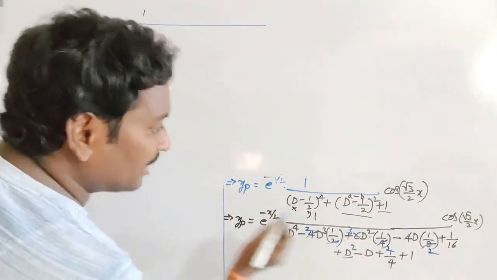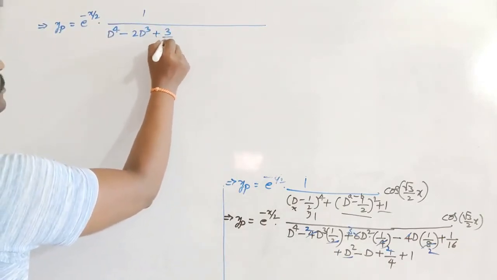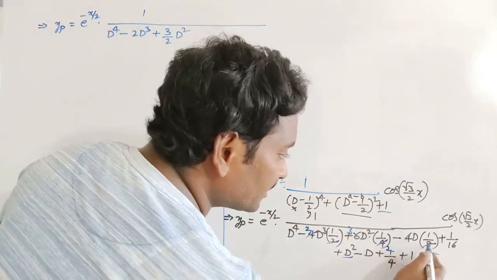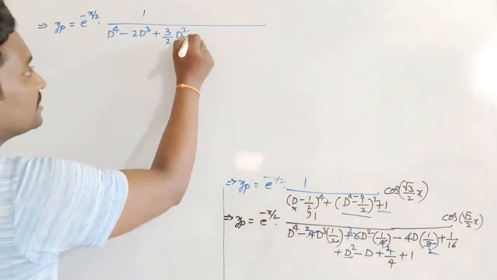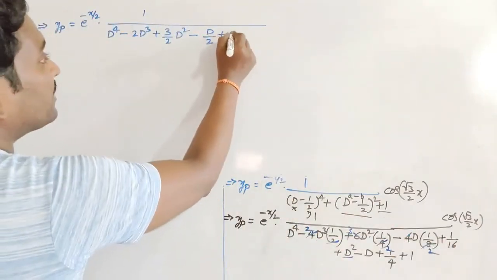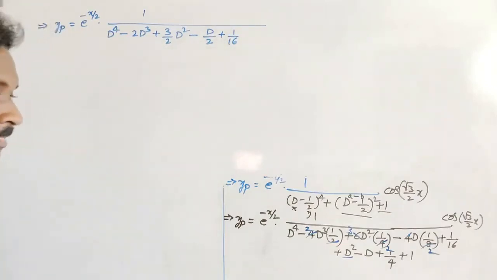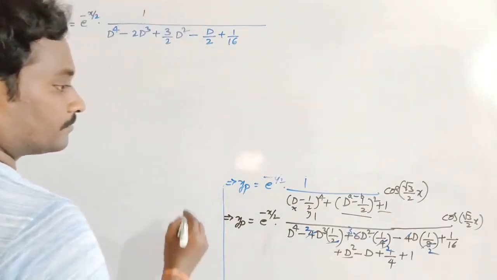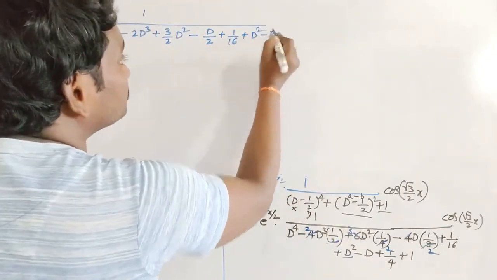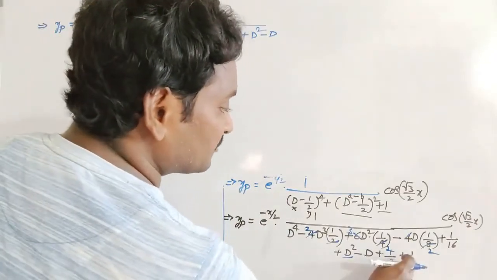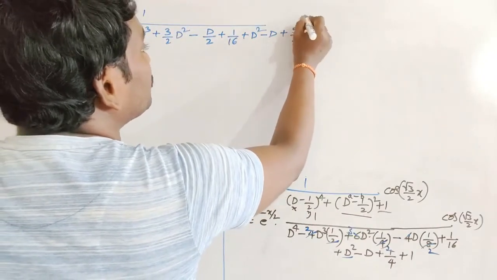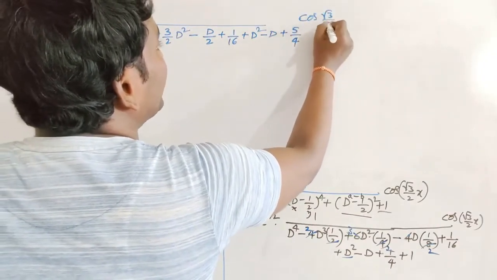In the denominator we have by 2, so 3 by 2 d square, minus, this 4 gets 2 times cancelled, so the next term is d by 2, plus 1 by 16, plus d square, minus d, 1 by 4 plus 1, 5 by 4 is the constant term, into cos of root 3 by 2 x.